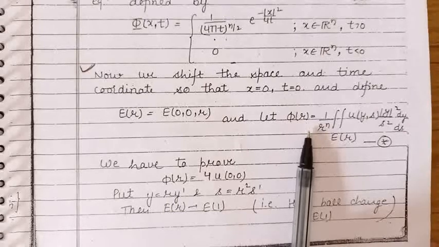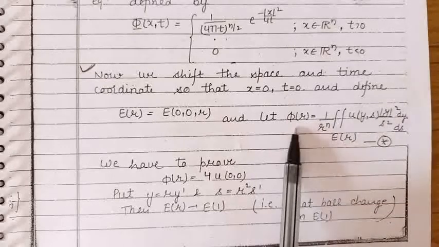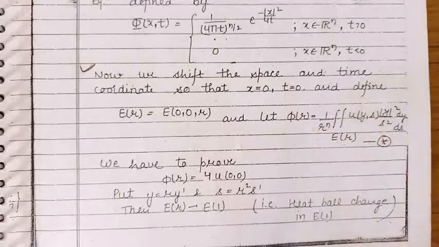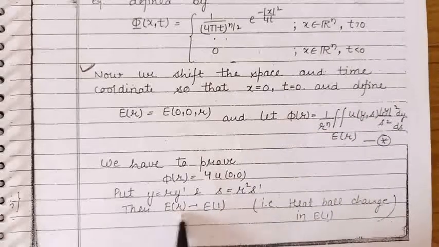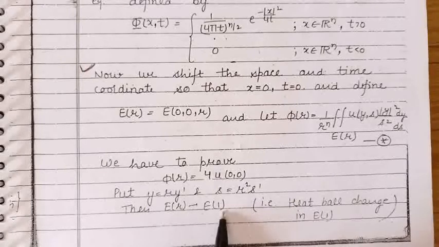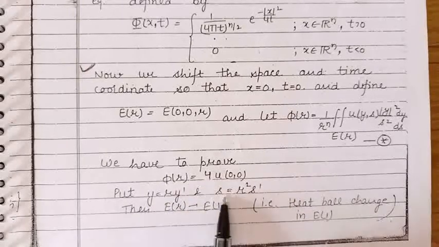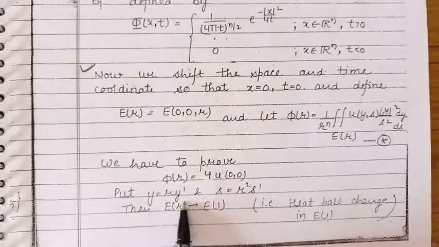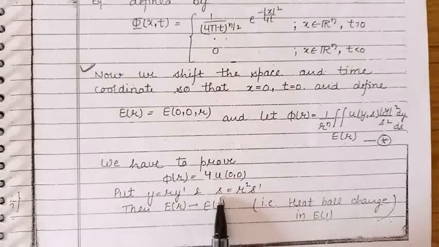Then we differentiate it. So here also we will use the same concept. First of all, let us convert the ball E(r) into the unit ball E(1). So we have used these substitutions: y equal to r into y dash and s equal to r square into s dash.